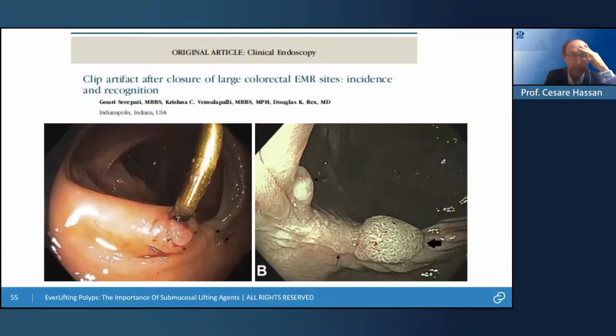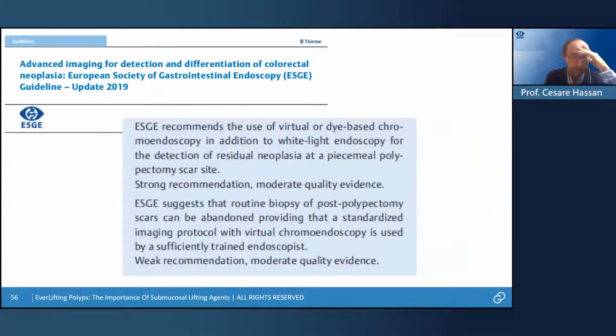They can just be artifact due to the clipping that is more and more frequent. You will hear from Doug. What makes the difference, please follow the thin arrow, is the fact that the pit pattern is not the Kudo 3, 4, and this makes the difference between a clip artifact and a recurrence.